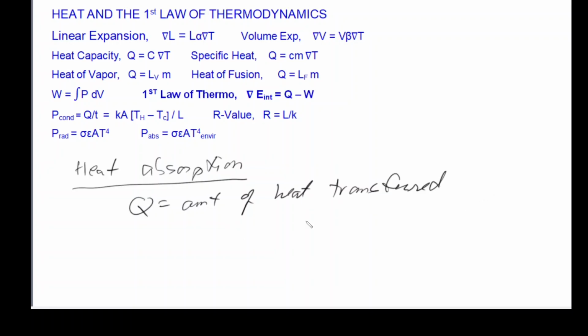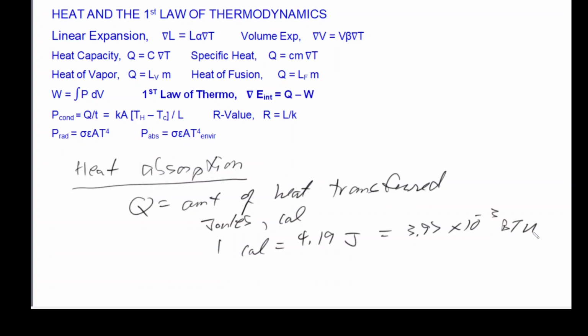And Q is measured in joules, or very often in calories, where 1 calorie is equal to 4.19 joules. And we can also use BTUs, which is 3.97 times 10 to the minus 3 BTUs. But we usually use calories and joules.